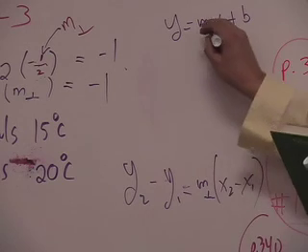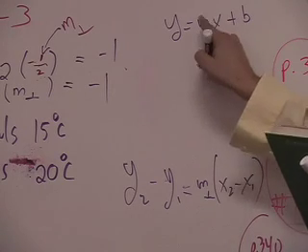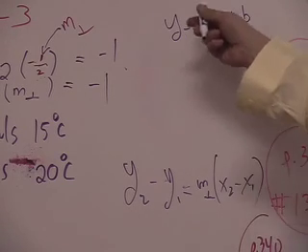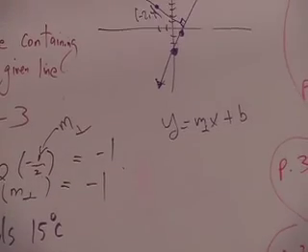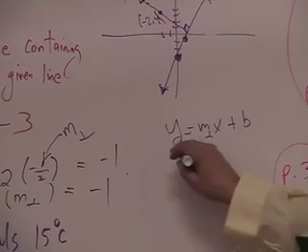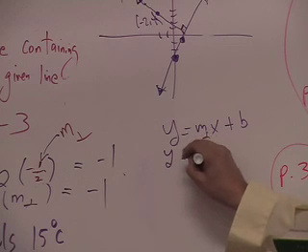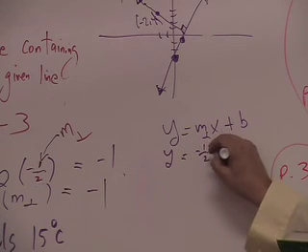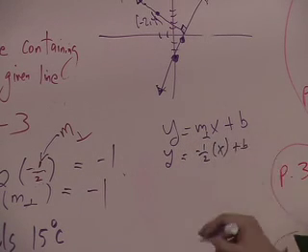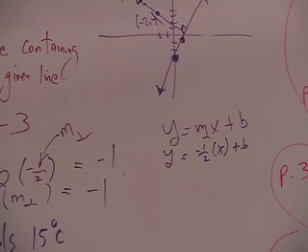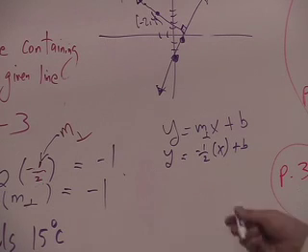No, this is the perpendicular. Remember, the line that we're looking for is perpendicular, so m would be negative 1/2. This will be y equals negative 1/2 x plus b. And where are we going to get the x and y? The point.